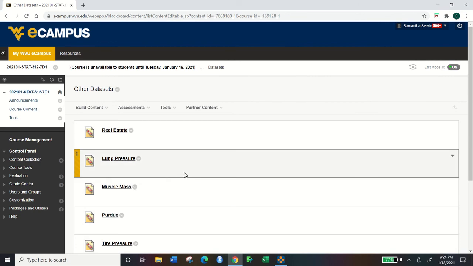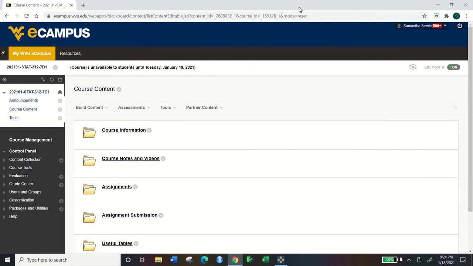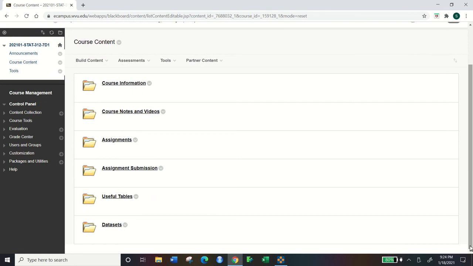So if I use them in class, they're here. If they're going to be needed for your homework, they're here in this folder. If you want extra practice, feel free to use the other data sets we don't use for class or homework.